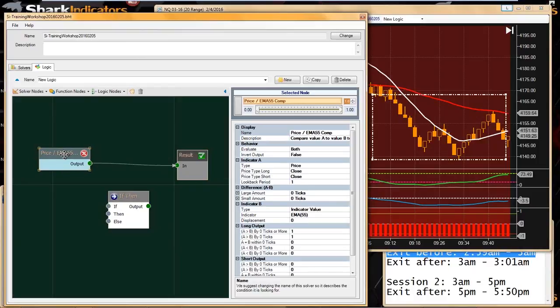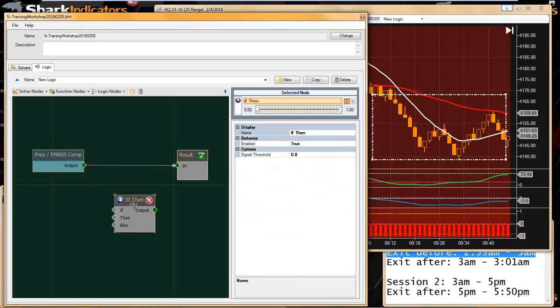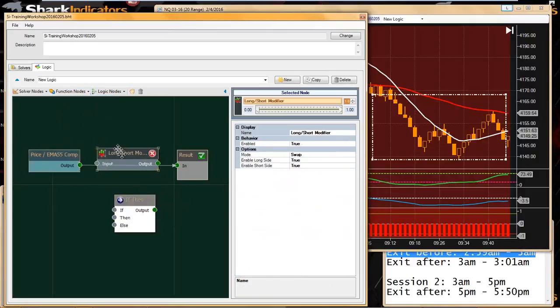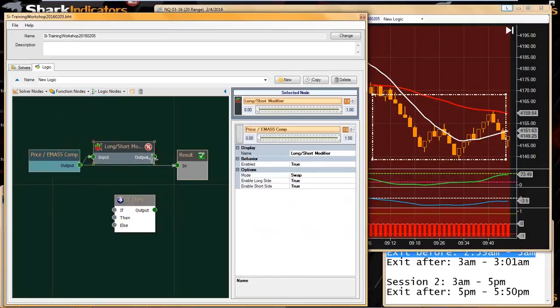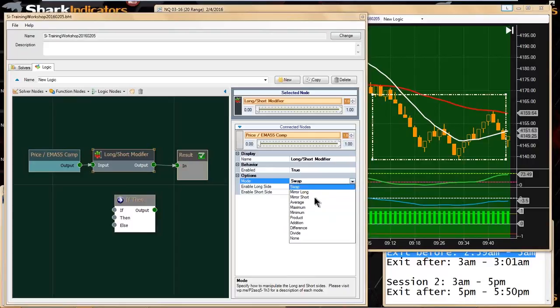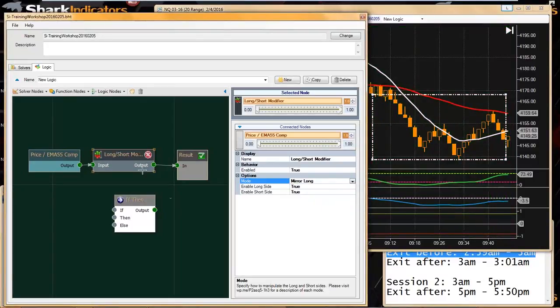I'm just using one solver as a simple example, but this could be far more complex, that I'm using to control the if-then node. So what I'm going to do is use the long-short modifier. And there we go.